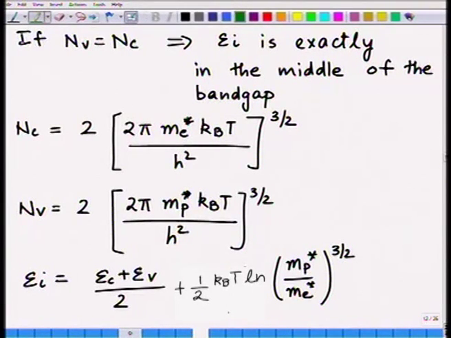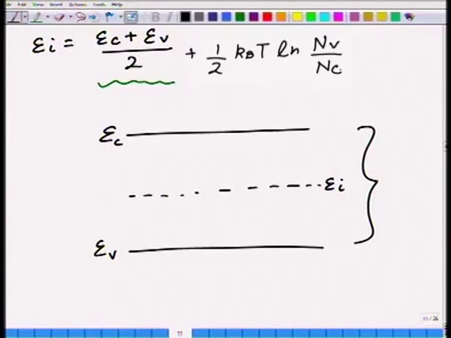Nonetheless, you can see we were justified to use the formula for non-degenerate semiconductors, because these band gaps are on the order of 1 electron volt or more, except for something like an infrared detector where the band gap has to be very small. In silicon it is 1 electron volt, in germanium it is 0.66 electron volts. 3 kBT at room temperature is 29 milli electron volts.